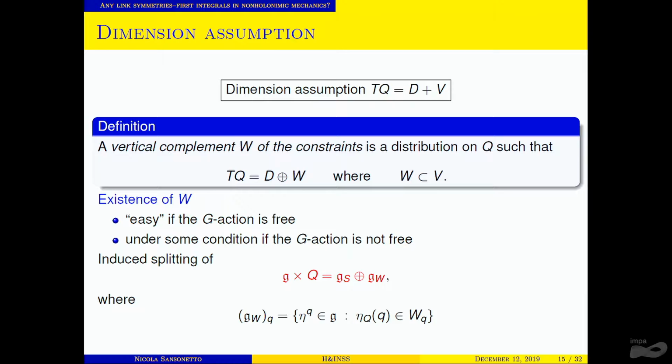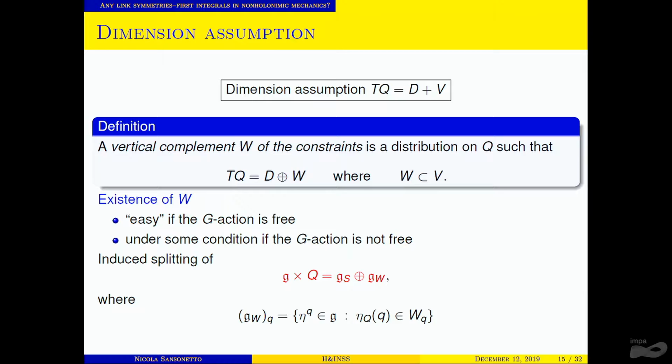So to do it, we need hypotheses. The first hypothesis is the so-called dimension assumption, and we assume that the tangent bundle is spanned by the distribution plus the verticals. Then we can say that a vertical complement W to the constraint is a distribution on Q that fulfills this relation.